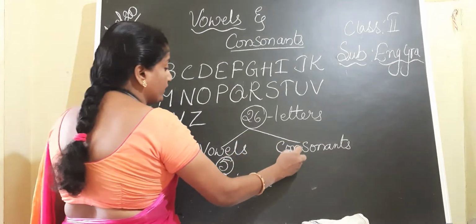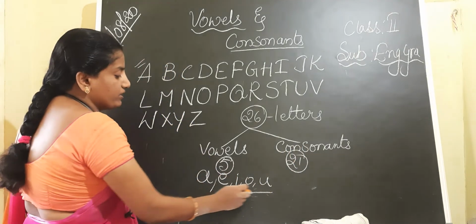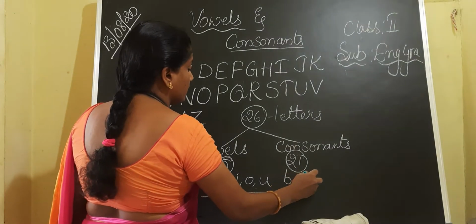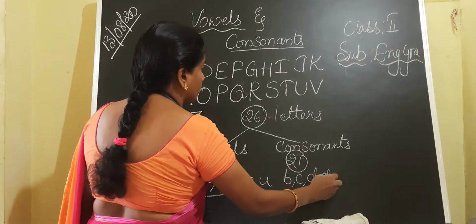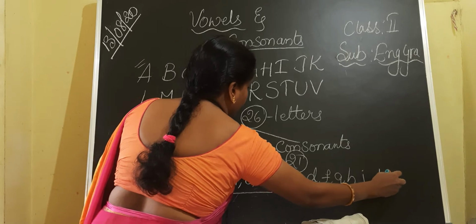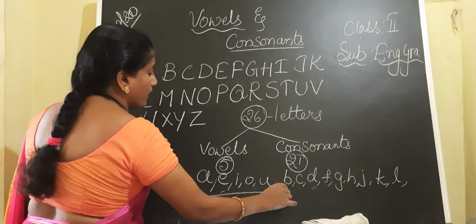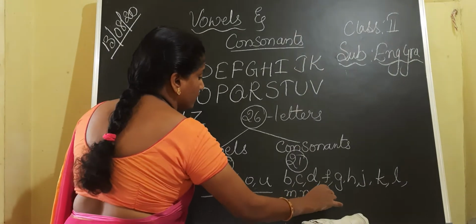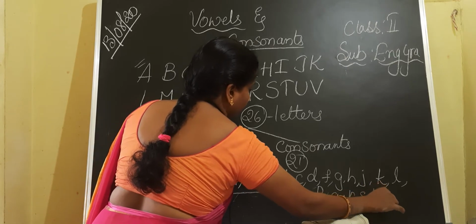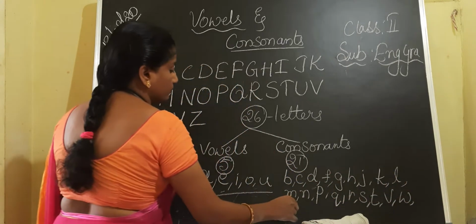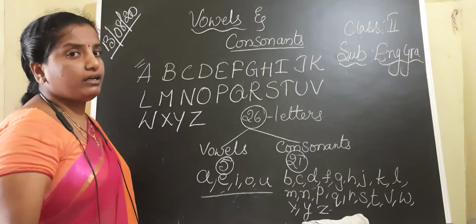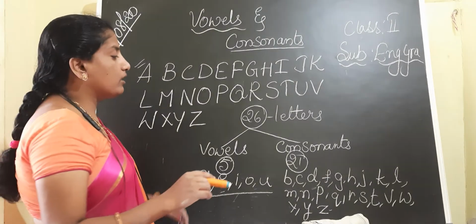And the remaining 21 letters, all except these, B, C, D, F, G, H, J, K, L, M, N, P, Q, R, S, T, V, W, X, Y, Z, are known as consonants.